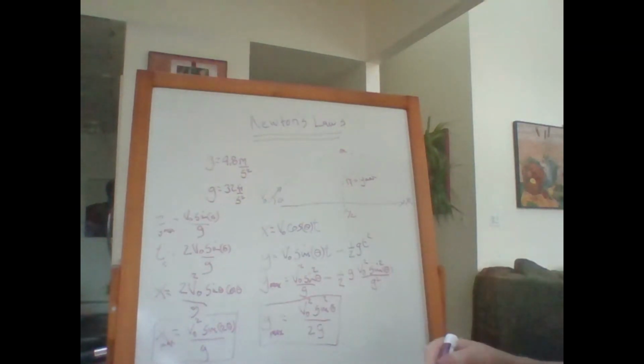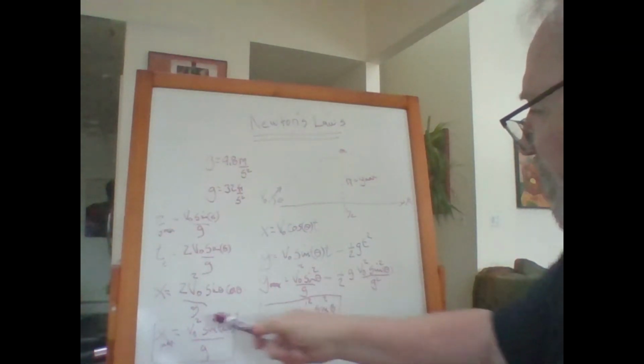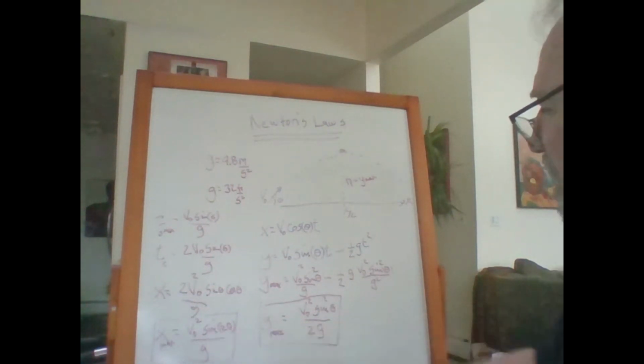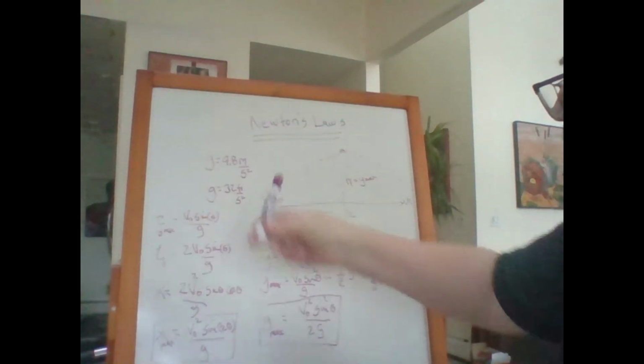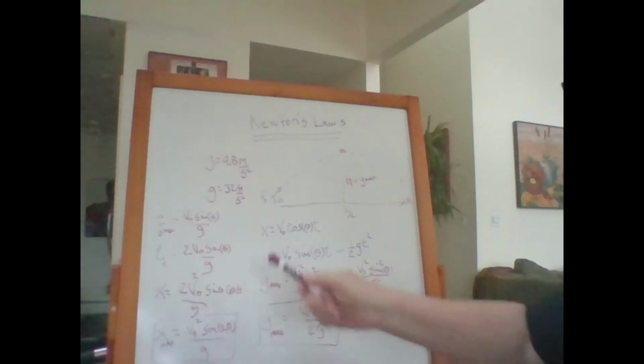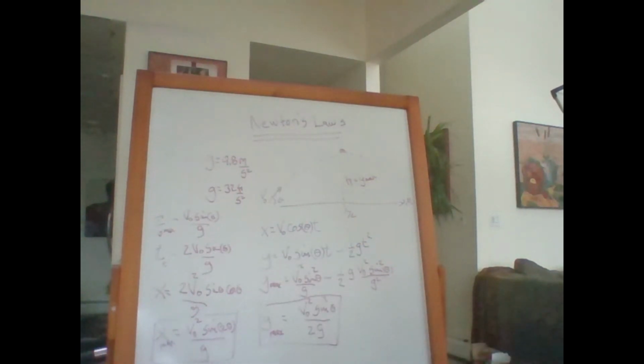Now, all we need now is the initial muzzle velocity and the angle at which this cannon was pointed. If we want to maximize the distance, we can take the derivative of x and set that to 0.